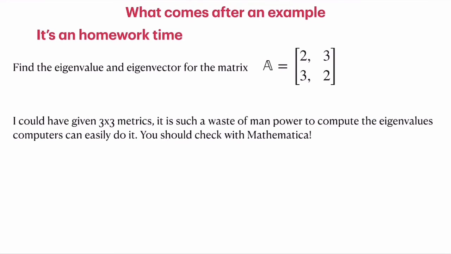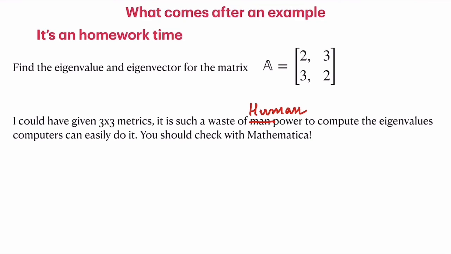Of course, to make your life difficult, I could have given a 3 by 3 matrix. I would say it is a sheer waste of human power. Sorry for this mistake. So it is a waste of human power.